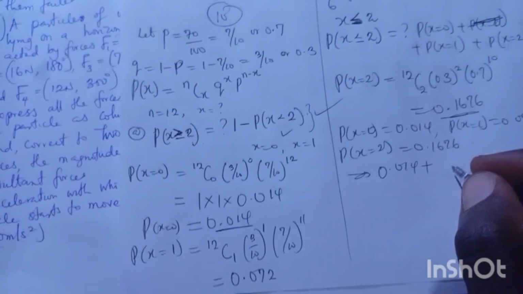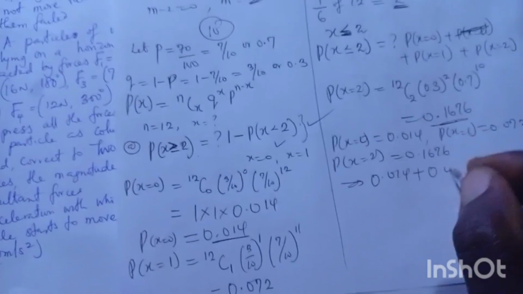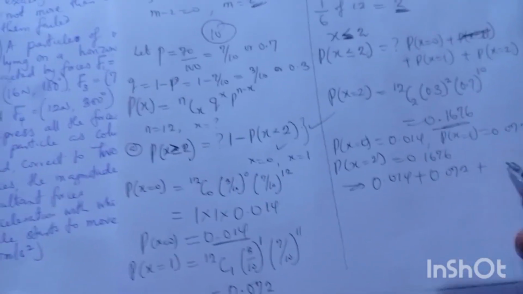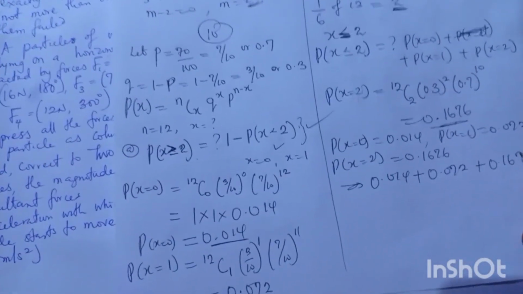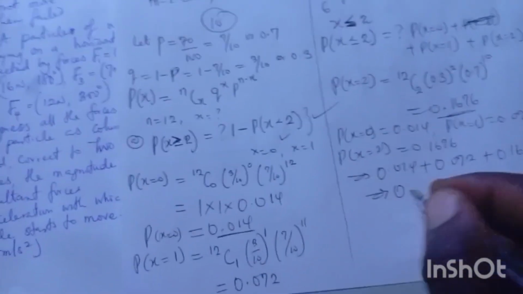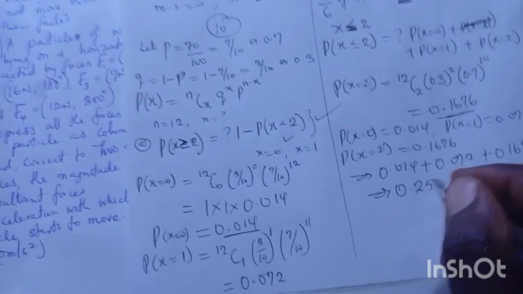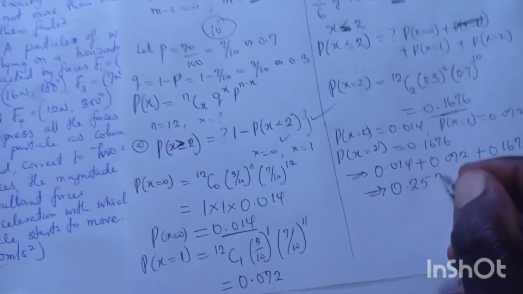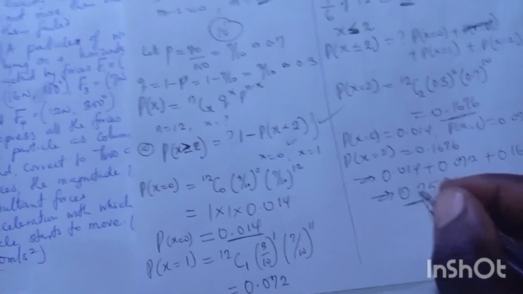That is 0.014 plus 0.072 plus 0.1676, and finally we have 0.2536. You also can check in your calculator and put your own right answer in the comment box.